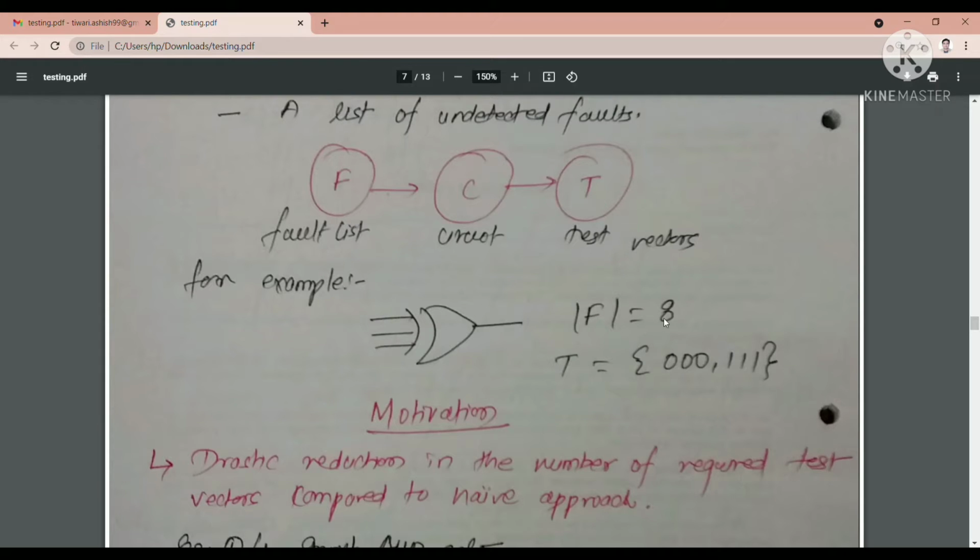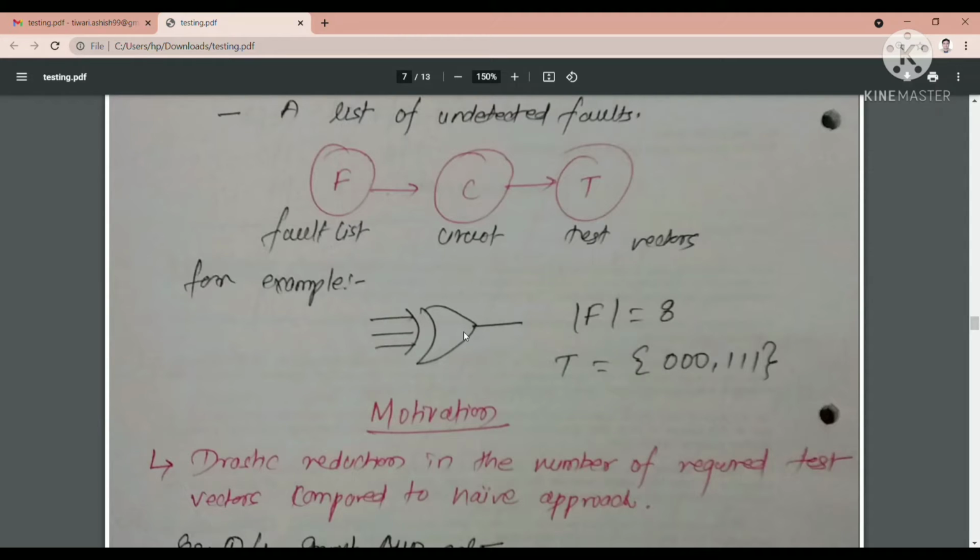I have already told you in the previous lecture as well. To test this XOR gate, we require only 2 test vectors, that is 0, 0, 0 or 1, 1, 1. And by these 2 test vectors, I can test any of the 8 faults that can occur in this XOR gate.